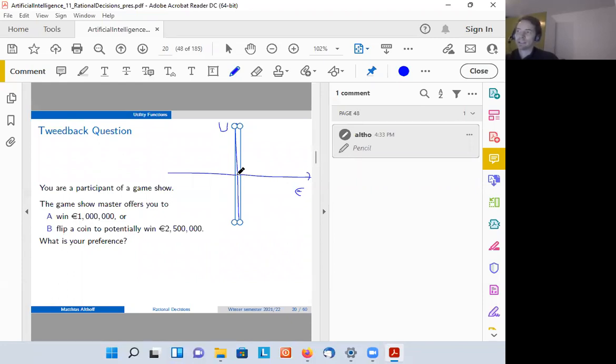The more money you have, the happier you are. And this is a rather straight line at the beginning. But then at some point, you're like, okay, I have €1 million. If I have €2 million, it's not bad, but it doesn't make me much more happy. So this is kind of a flattening curve.